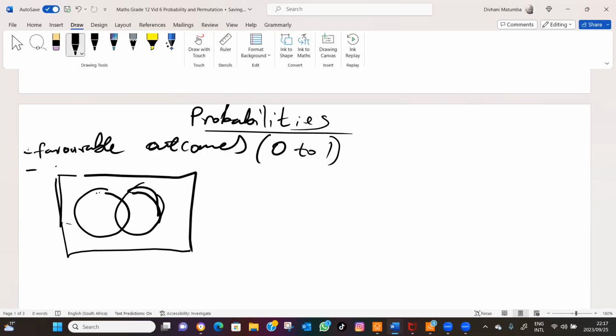If we have 2 events, we're going to have to consider the regions.